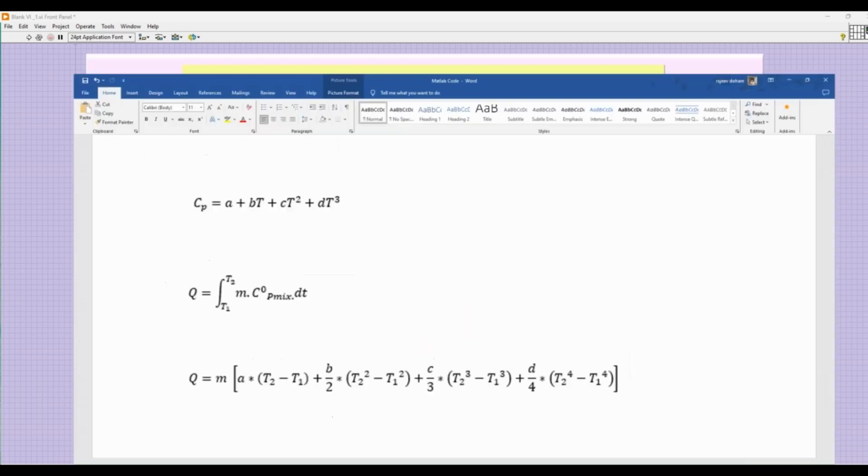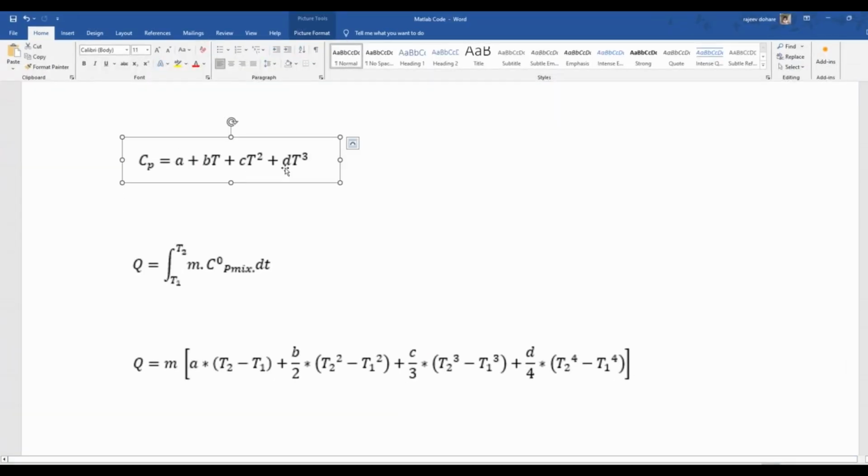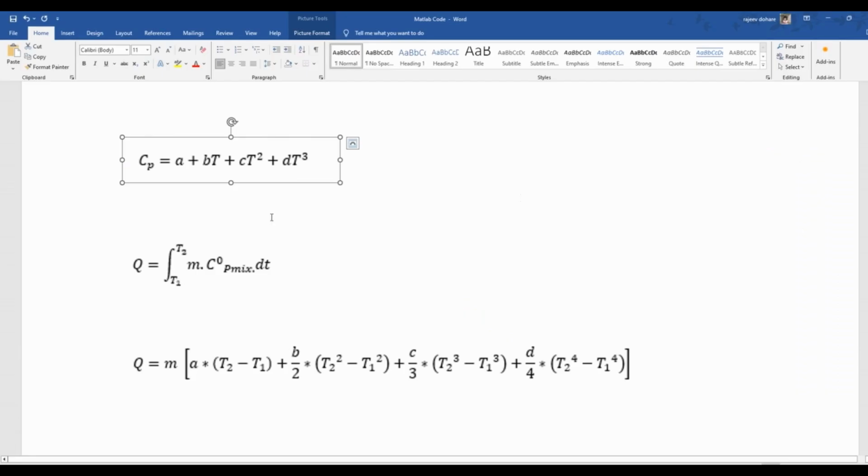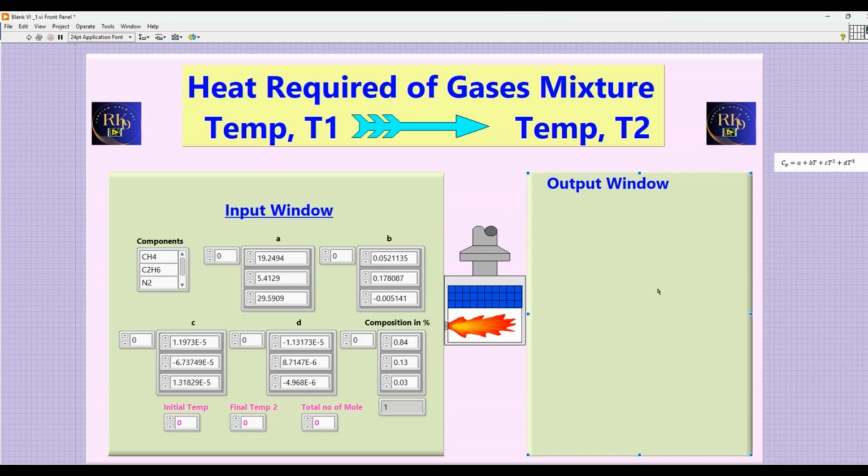So here, as we know, we have this expression: Cp is equal to A plus Bt plus Ct square plus Dt cube. And here we will use this expression, Q is equal to the integral of Cp mix into dT.